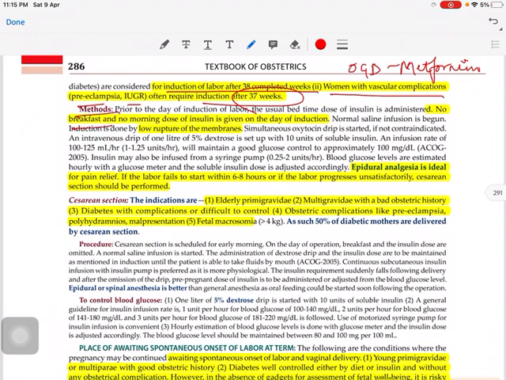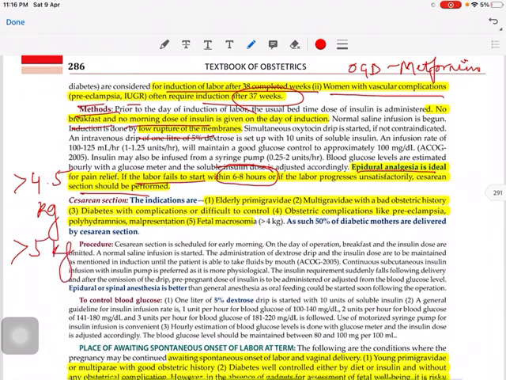Methods: no breakfast or morning dose of insulin, low rupture of membrane, epidural anesthesia for pain relief, and if the labor does not start within 6 to 8 hours, then cesarean should be performed. And when is the cesarean performed? Whenever the size of the baby is more than 4.5 kg for a non-diabetic female and more than 5 kg for a diabetic female.